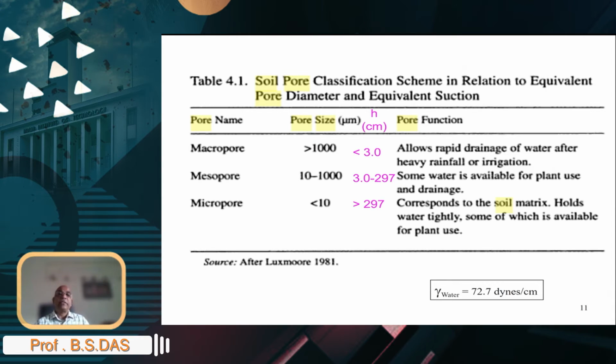Of course, that's one of the reasons why very fine textured soils with lots of clays have larger water holding, water retaining capability than macroporous soils where the pore sizes are very large, and so typically water is not going to be easily retained by macropores. They easily get drained because of the gravitational pull.